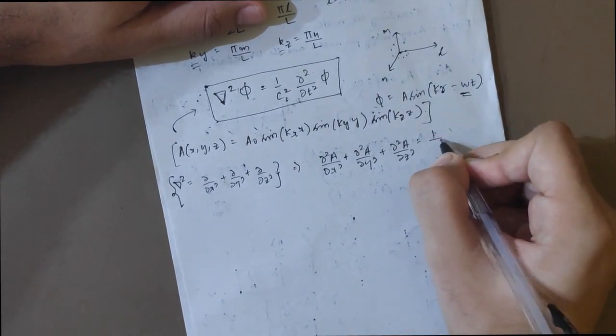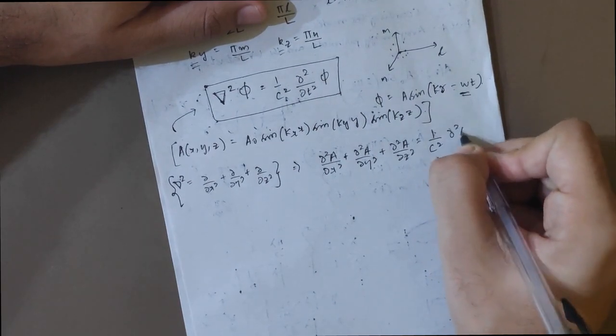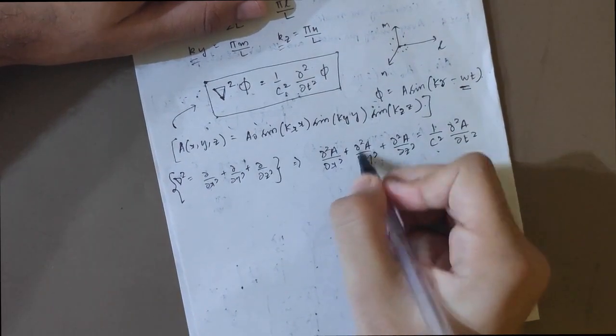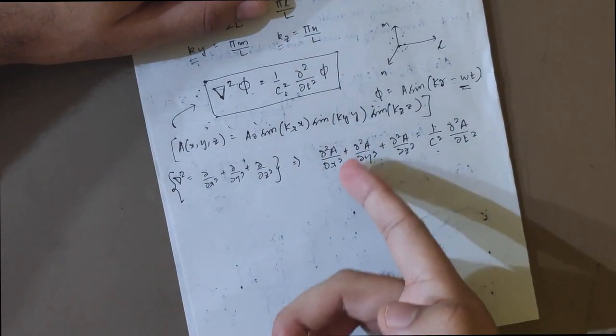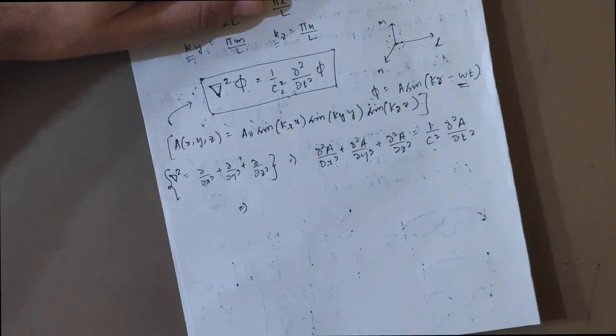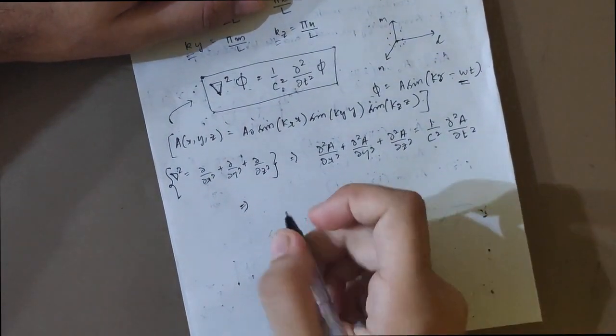This will be equal to 1 by c squared dou squared A by dou t squared. Now the second derivatives of A with respect to x, y and z will all give me my kx, ky, kz. Try that as an exercise.